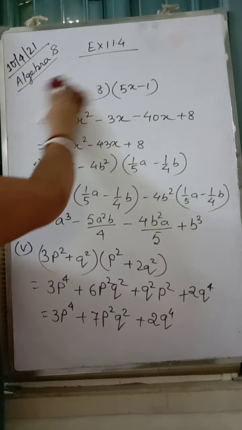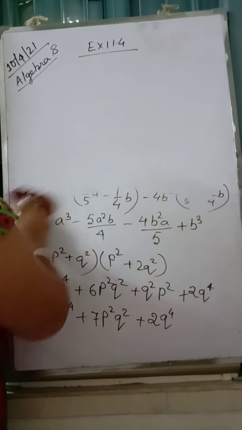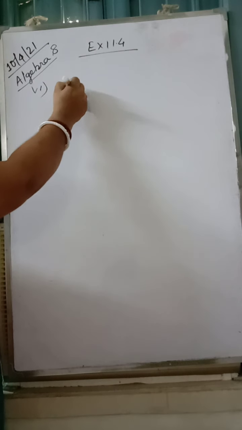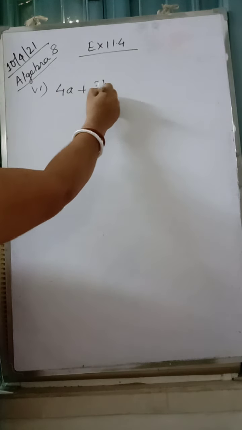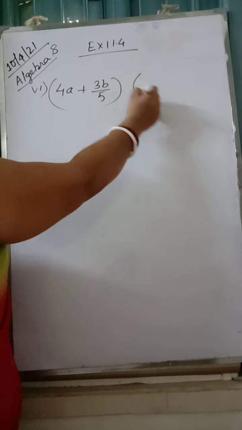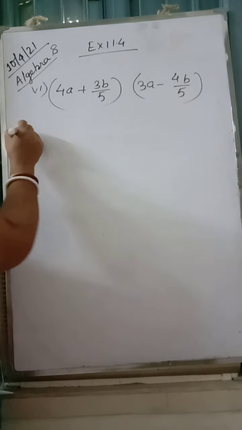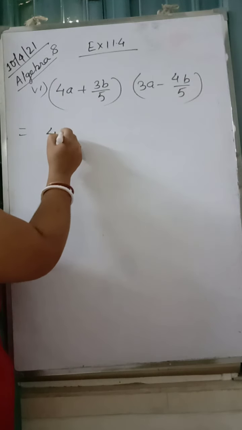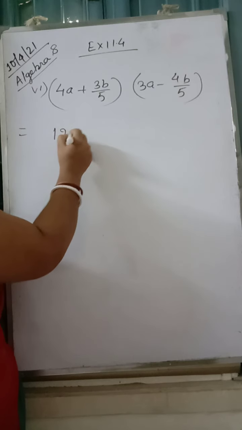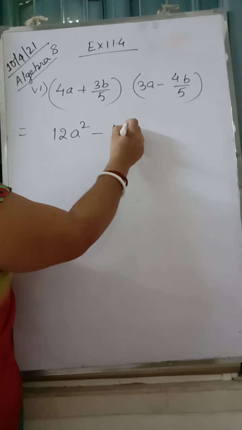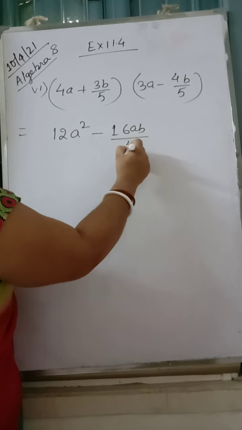Then see question number 6. (4a + 3b by 5) multiplied with (3a - 4b by 5). Now 4a into 3a, 4 3s are 12a square. 4a into 4b, 4 4s are 16ab by 5.